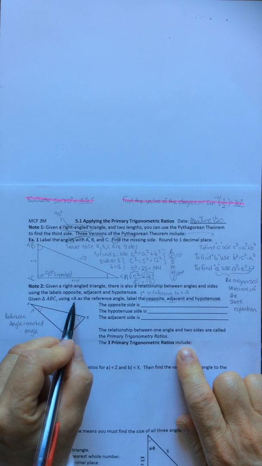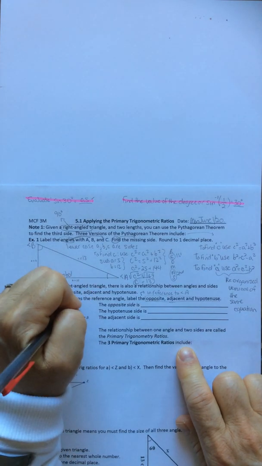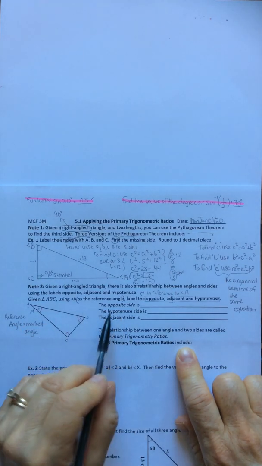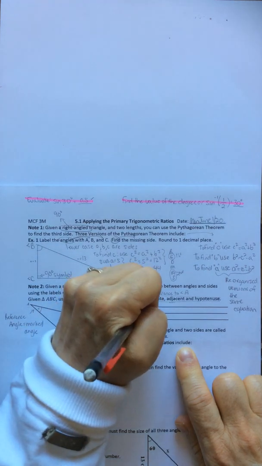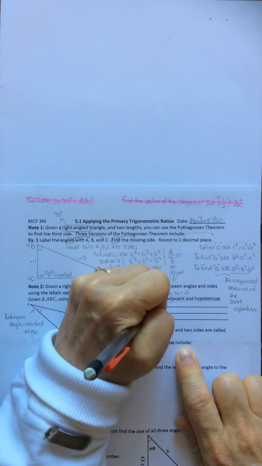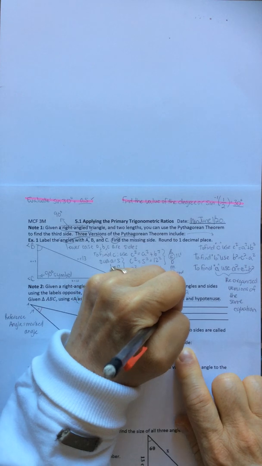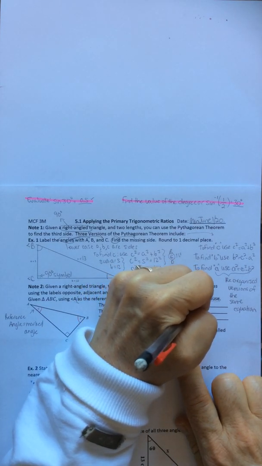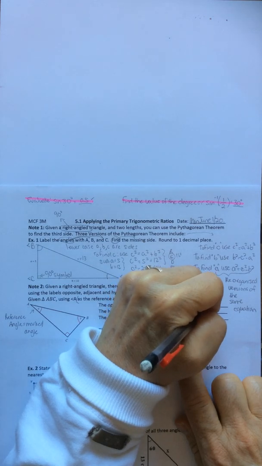So it says using angle A. Usually they won't say as the reference angle, but if they say A, then they're talking about it being the reference. It's inferred. So the opposite side is across from the referenced angle.